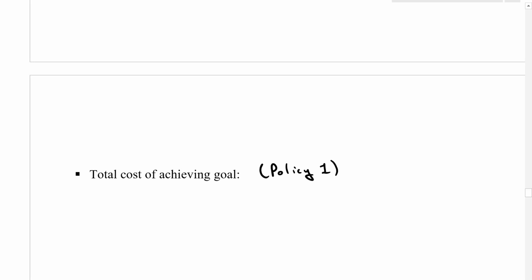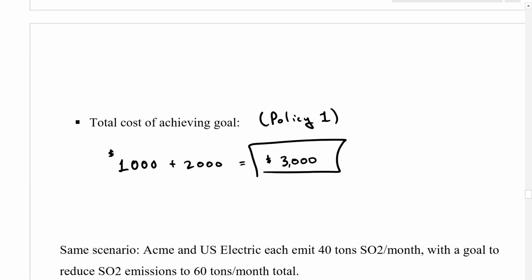It'll cost $3,000 between both firms to reduce their pollution. They're each going to have 30, and so we have 60 total tons of emissions. Okay, so we've met our policy goal, and it cost us $3,000. That's policy option 1, the across-the-board command and control regulation.